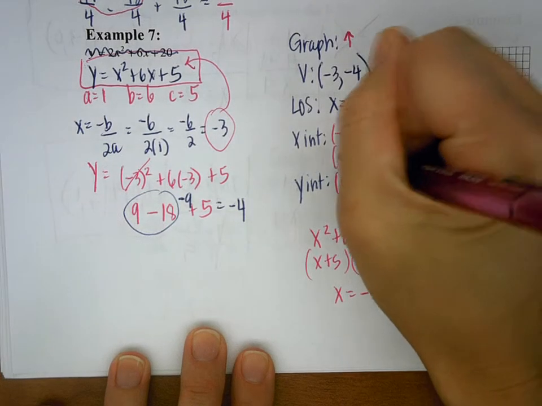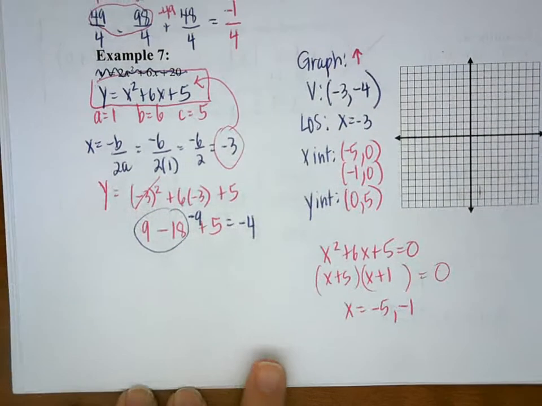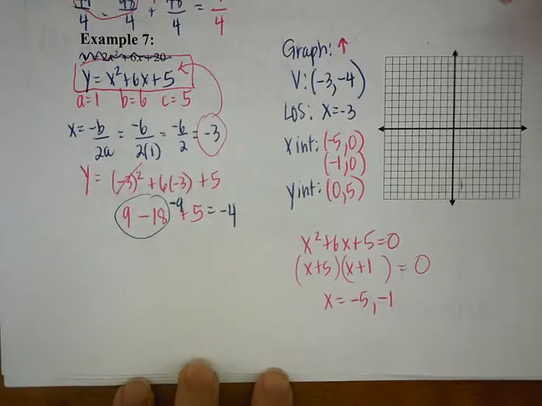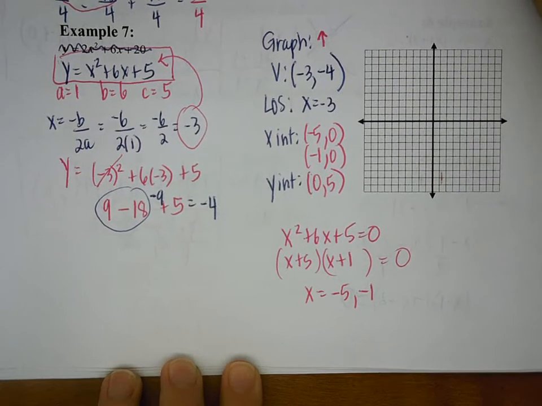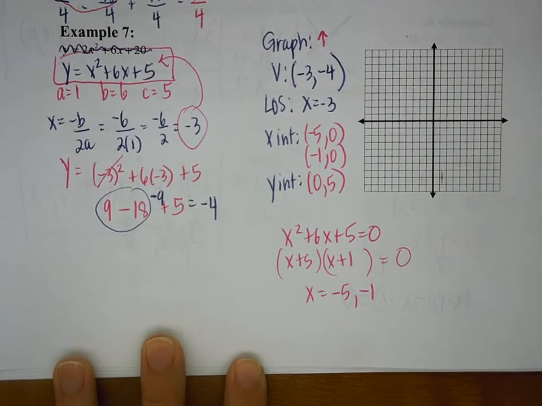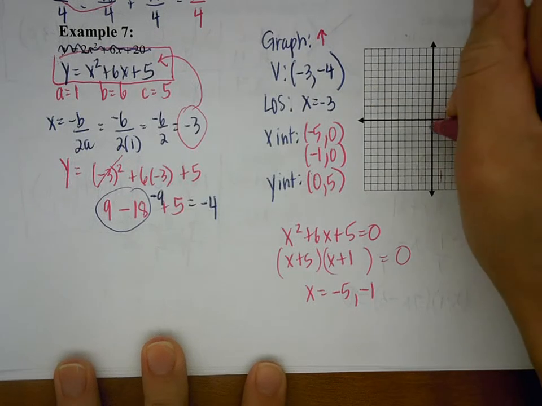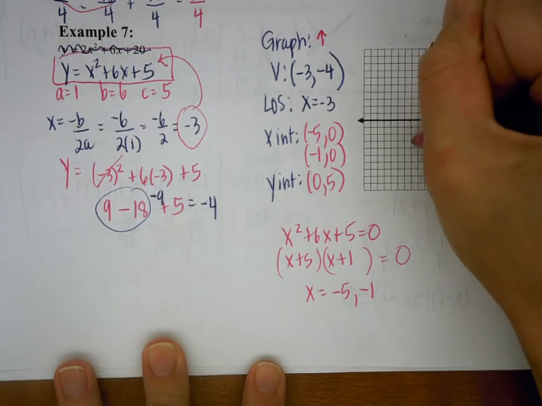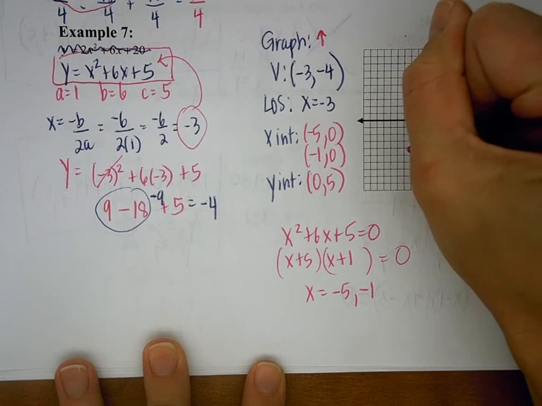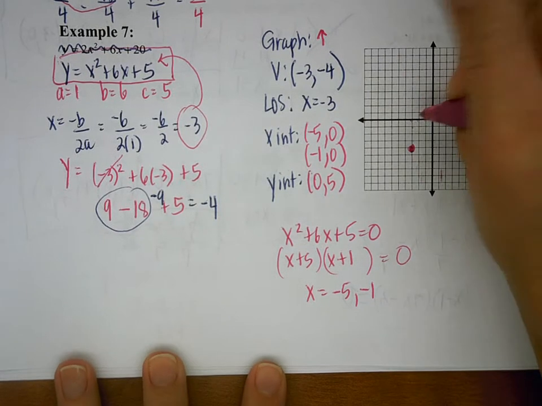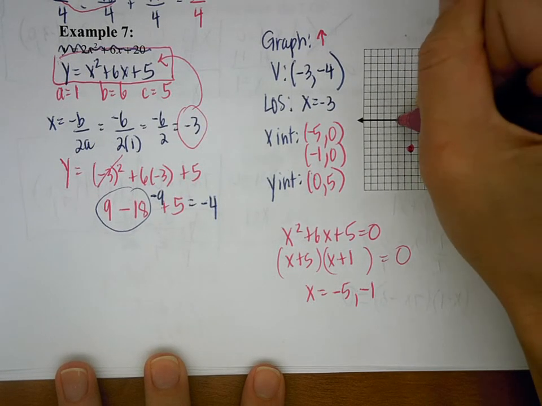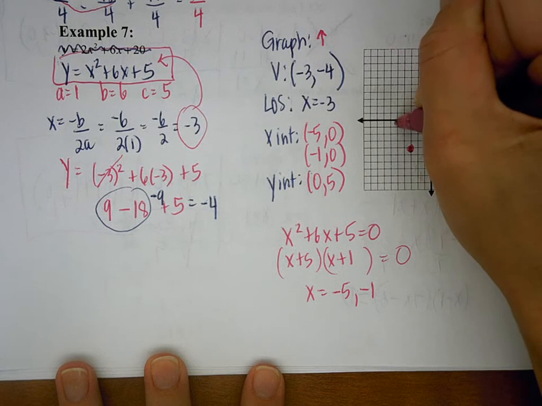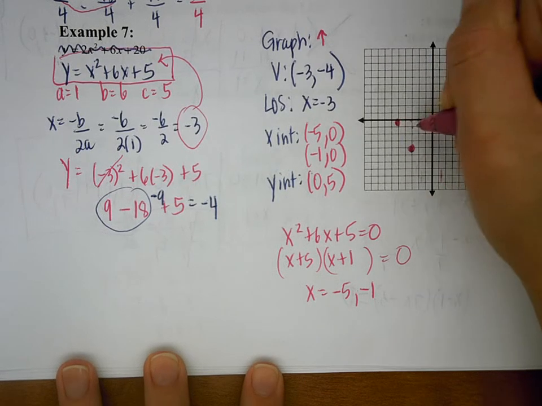Okay, now we need to plot everything on the graph. So, we have negative 3, negative 4 for my vertex. My x-intercept is at negative 5, 0. And then the other one is at negative 1, 0.